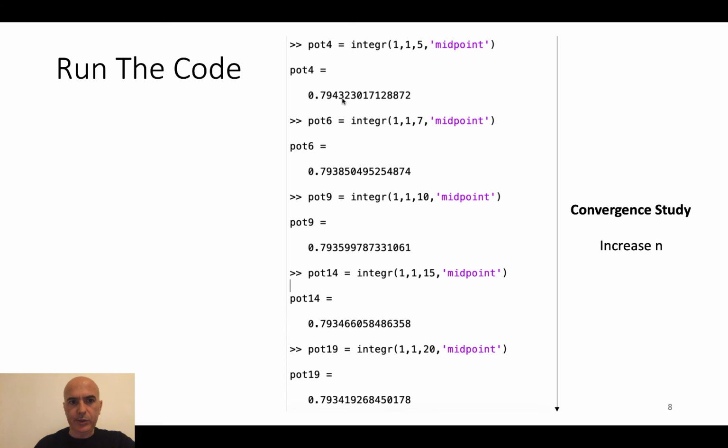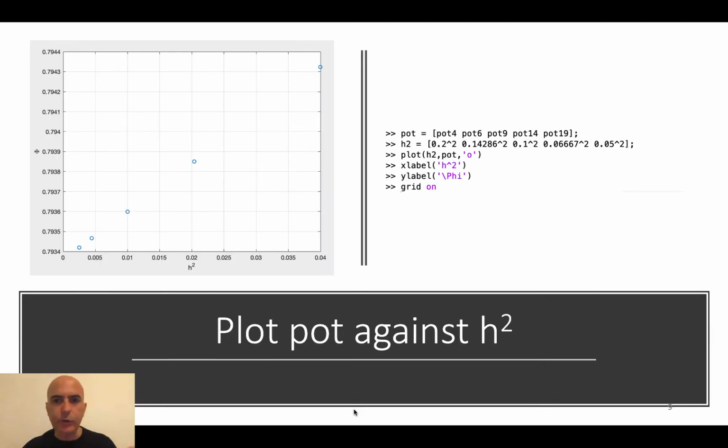So you see that increasing the value, there is a little bit of difference, right? At the beginning there is quite a lot of difference going from 5 to 7, but then going from 14 to 19, the difference is basically only at the last digit. So what I can do is collect the data from my simulation. I take two auxiliary vectors.